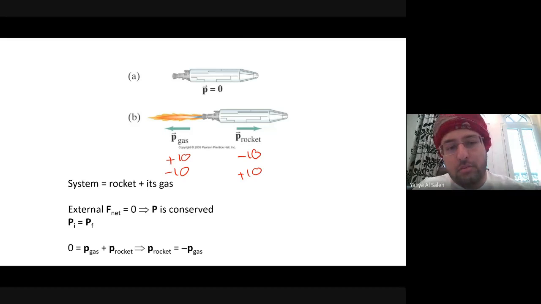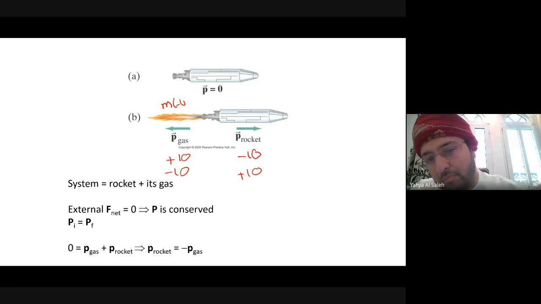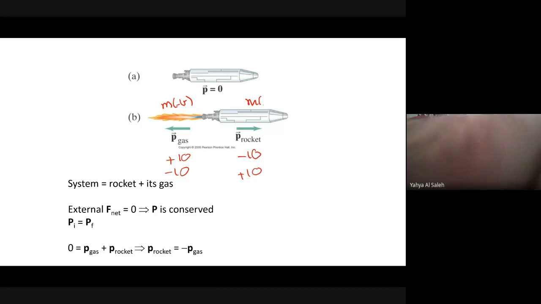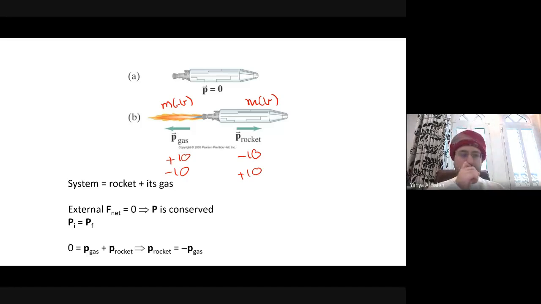So this would have m times minus v, this would have mv. Now, bear in mind that these two velocities need not be equal because we still have mass, but the momenta need to be equal, and I'll show you how in a bit.